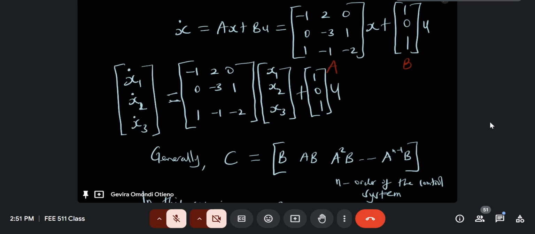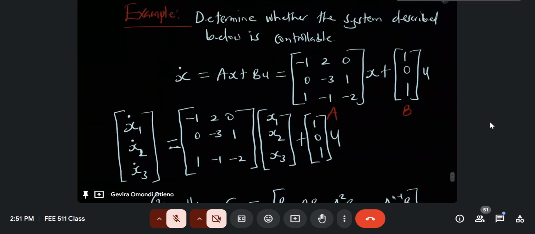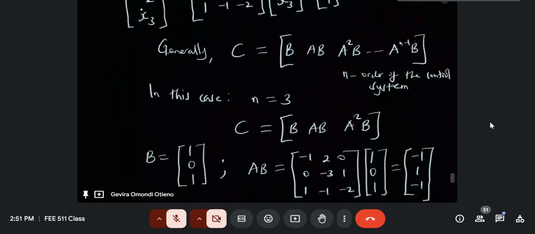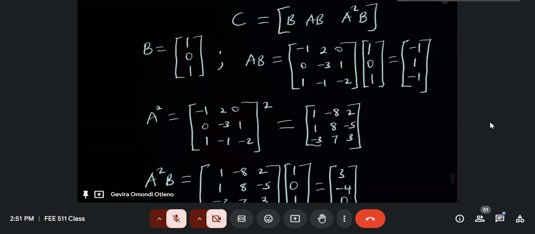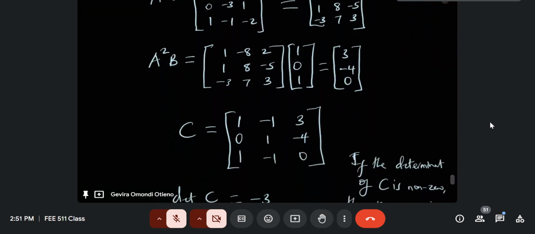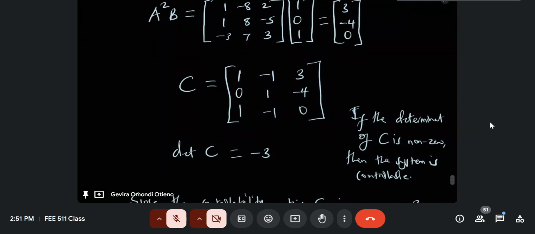Meaning, can you write just the way I have indicated here? You can see that I was writing what the matrix B is, what matrix AB is, what matrix A squared is, but I don't expect you to show me how to calculate the determinant of a matrix, because you can use your calculators. That I'm not testing. It's not math. It's not a math class. I'm not testing how you determine your determinant. You can use your calculators to do that. That's fine.